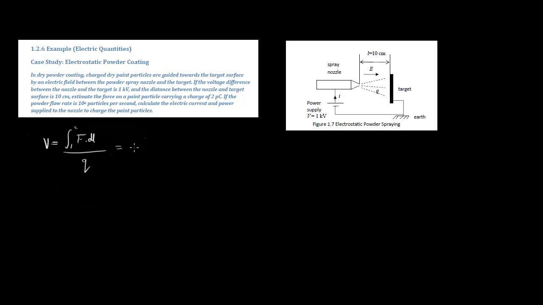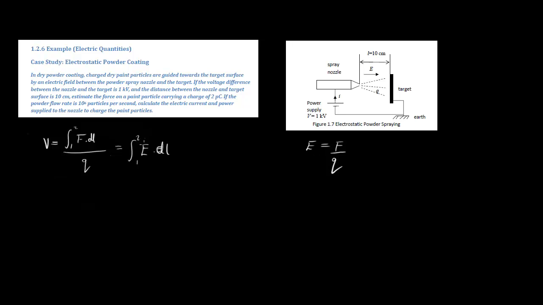But we can simplify this by replacing F over Q with E. So eventually what we get is the integral from 2 to 1 of E multiplied by dl. E is electric field. E is the same as F over Q, so its units are newtons per coulomb. This is our electric field strength.